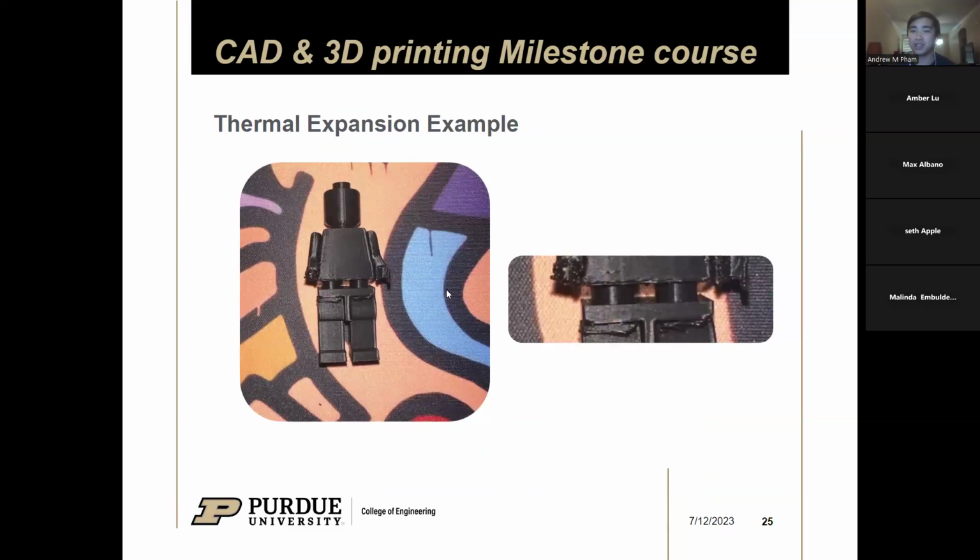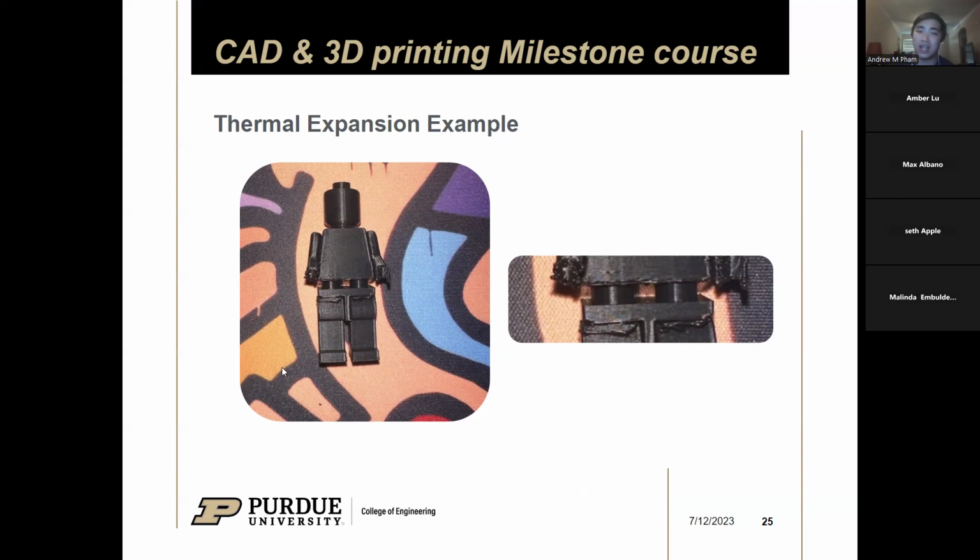Here's a good example of the thermal expansion that we talked about earlier. This is actually one of the final projects from a previous class. This person modeled a Lego-like figure, but when they went to assemble it, the torso didn't fit onto the body, right? And in the CAD, because you're working in a virtual environment, you can make it fit perfectly, right?